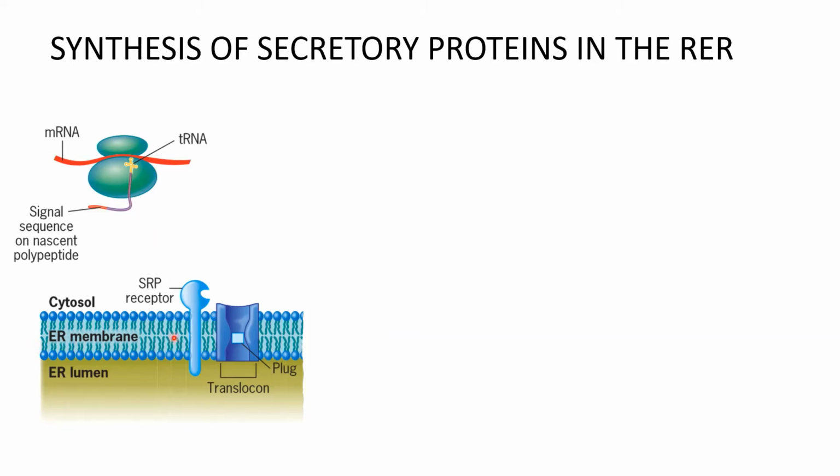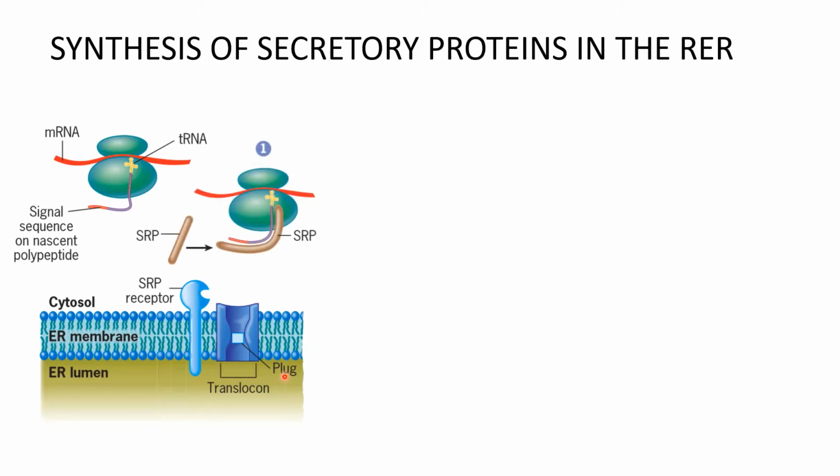Now here at the bottom, we can see a portion of the membrane of the endoplasmic reticulum, particularly the rough endoplasmic reticulum. There are receptors here, particularly your signal recognition particle receptor. And here we have a channel known as a translocon, which also has a gate, the plug.